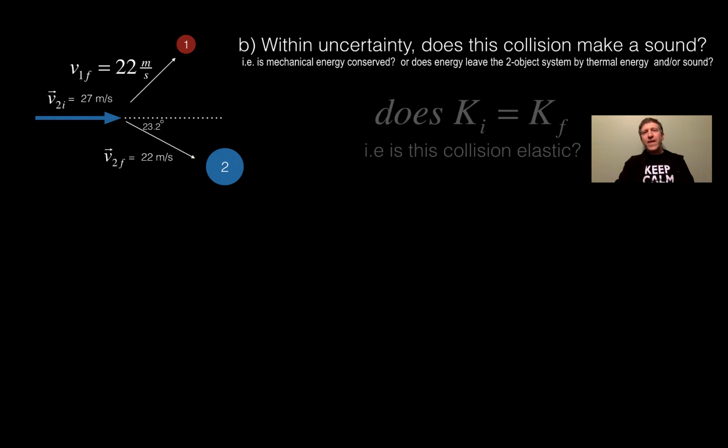This is just a fancy way of saying, does K initial equal K final? Is this collision elastic? In an elastic collision, and by the way, you don't have to say perfectly elastic. If you say elastic, that is perfectly elastic. In an elastic collision, no energy can leave our system. In other words, there can be no thermal energy generated. There can be no sound.